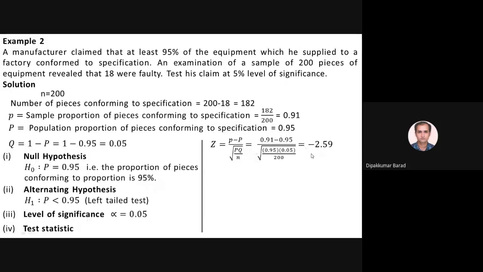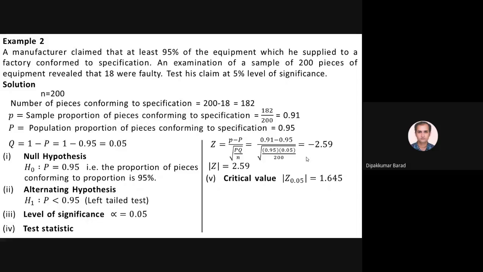Now we find mod z, which is 2.59. Then the critical value from the table, the absolute value of z at 0.05, is 1.645. I have already shown this table in the last session; you have to remember these values for two tail and one tail tests, right tail or left tail, for 1% and 5% significance.